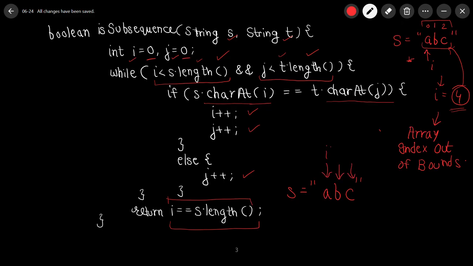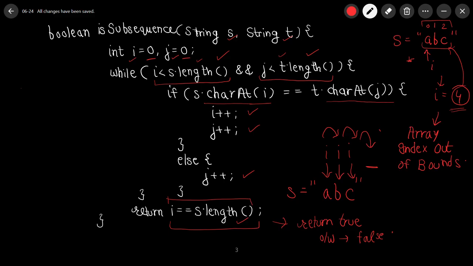That's why we kept moving the i pointer forward, and it reached the end ultimately. So if the i pointer reaches s.length, we return true, otherwise false. So yeah, this was the code of the problem, and I hope you like the approach.